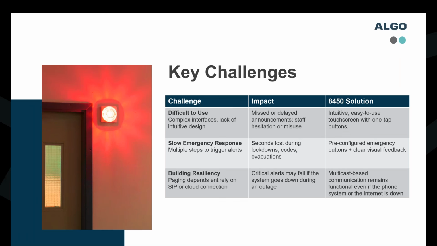Everything is delivered instantly via multicast, providing reliable communication every time. Again, this solves a long list of problems that used to arise when trying to use your phone system as the trigger mechanism for our speakers. The 8450 evolves that approach and takes it into a clean, streamlined, and extremely dependable solution that we'll get into and show you here again.